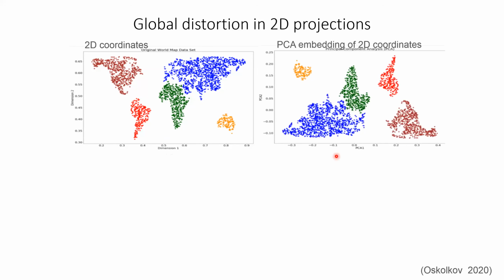The second panel is a 2D projection of the data after applying PCA. You can see that though the points are rotated, the neighborhood structure is retained because we are embedding a 2-dimensional manifold into a 2-dimensional space. And principal component analysis preserves all of the points' relative location to each other.